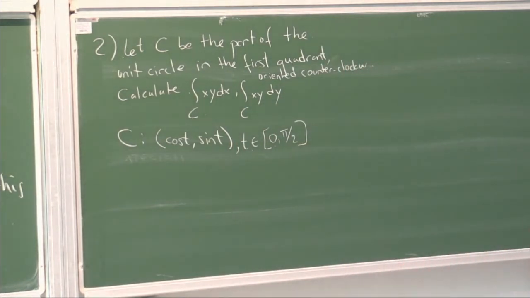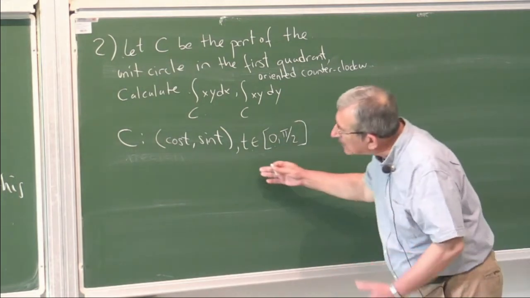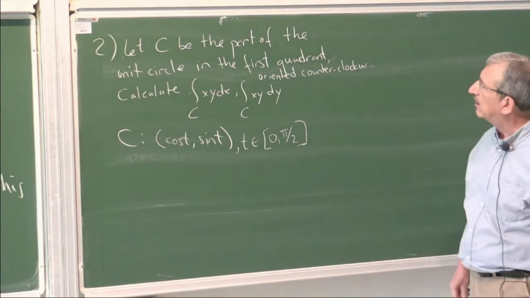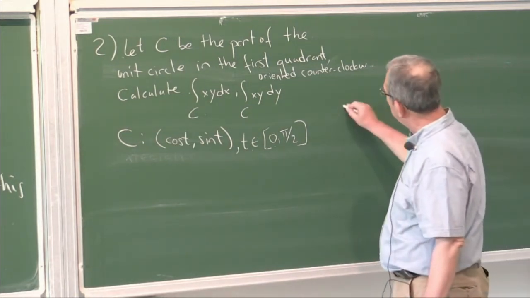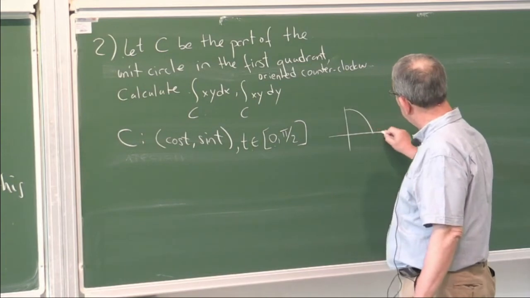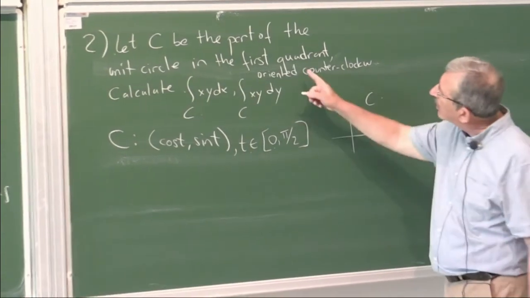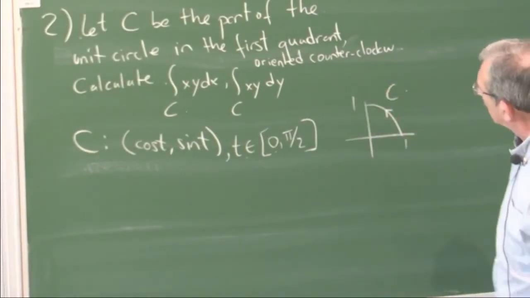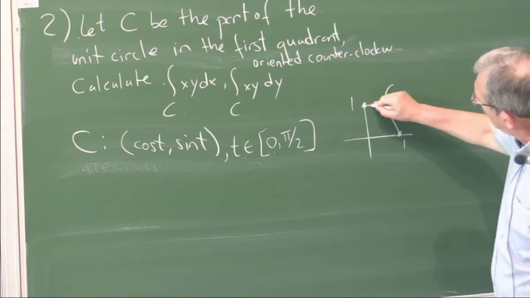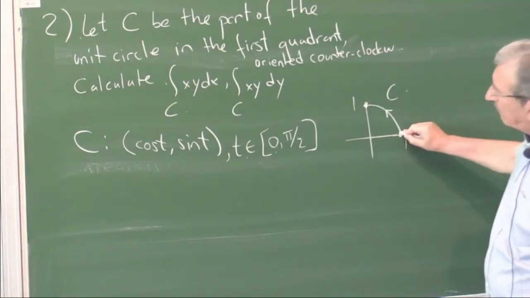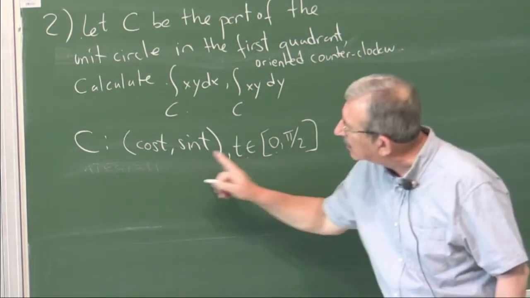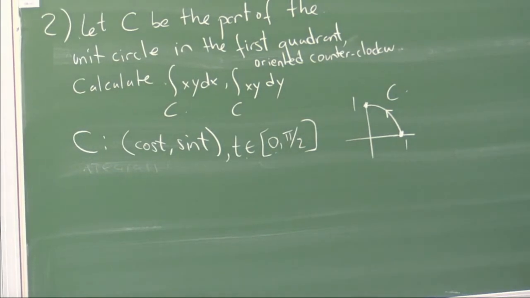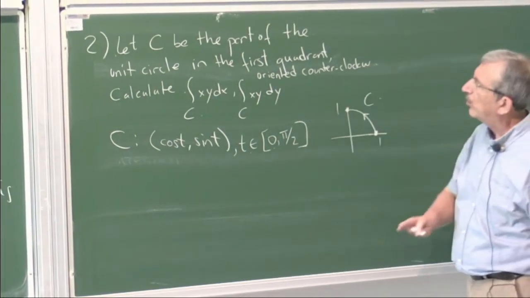Now, is the orientation of this representation correct, that is, when t increases, are we in the correct direction? Well, yes, because the direction of C is counterclockwise, so it is like this. When t is 0, we are here, and if t increases, the angle increases, we move on the circle in a counterclockwise direction, up to pi over 2, where we stop.